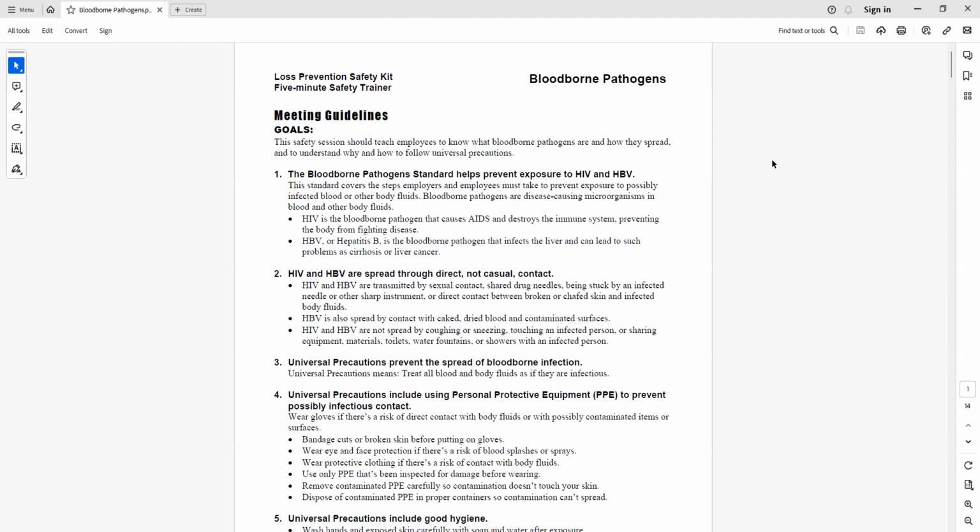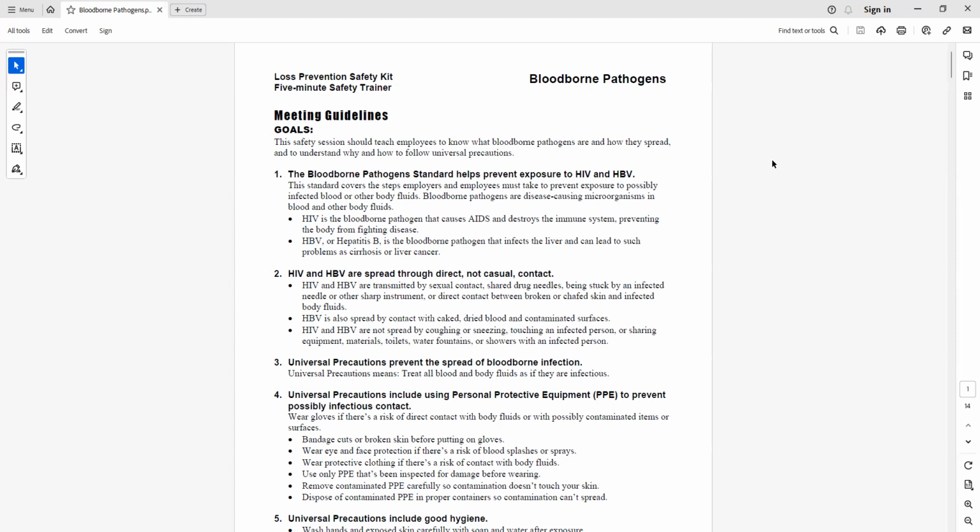Number 1. The Bloodborne Pathogens Standard helps prevent exposure to HIV and HBV. This standard covers the steps employers and employees must take to prevent exposure to possibly infected blood or other body fluids. Bloodborne pathogens are disease-causing microorganisms in blood and other body fluids.